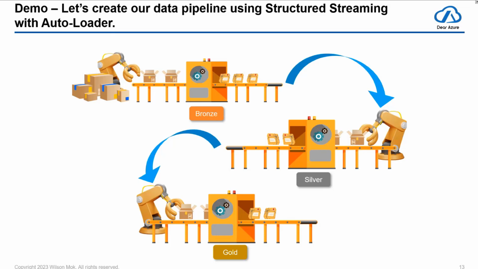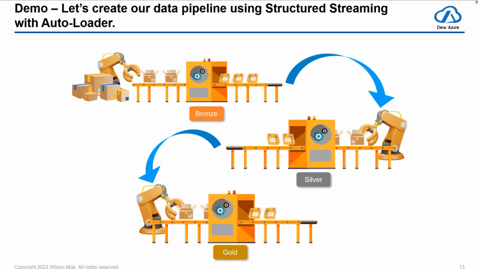streaming with Autoloader. So something that we touched on earlier in the presentation is the medallion architecture. Even with structured streaming, we'll be following the medallion architecture, where in this case there are 3 sets of different machines. One machine will handle the bronze pipeline.